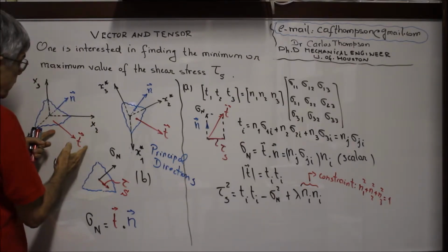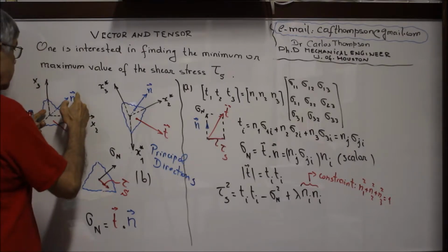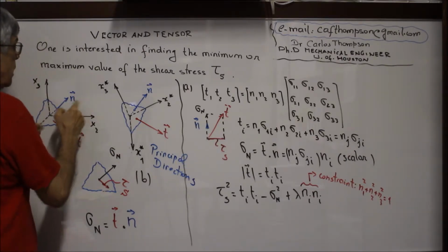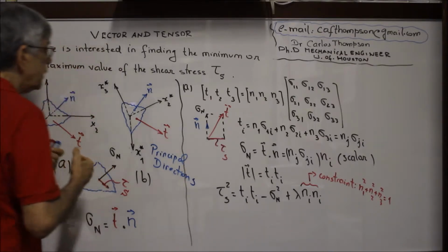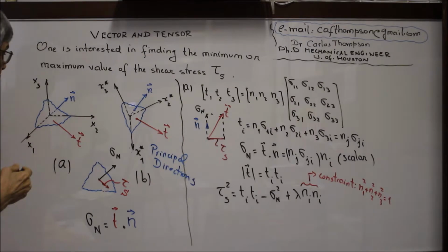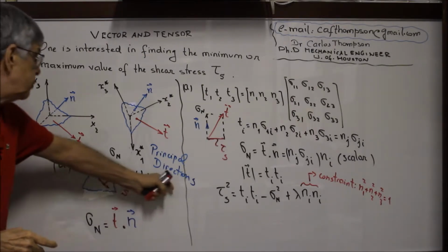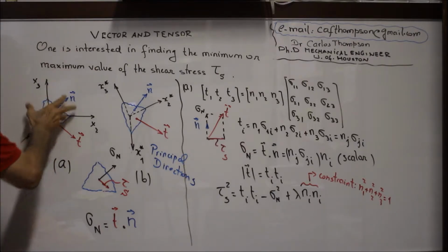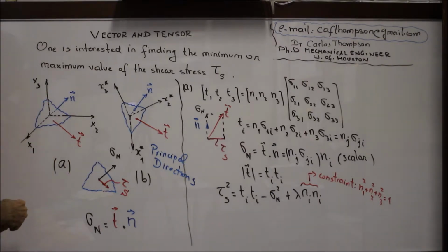You see, t, the stress vector, and the normal to the plane don't depend on the coordinate system. If it's the principal direction, or x1, x2, x3, or any other coordinate system, t and n are the same.